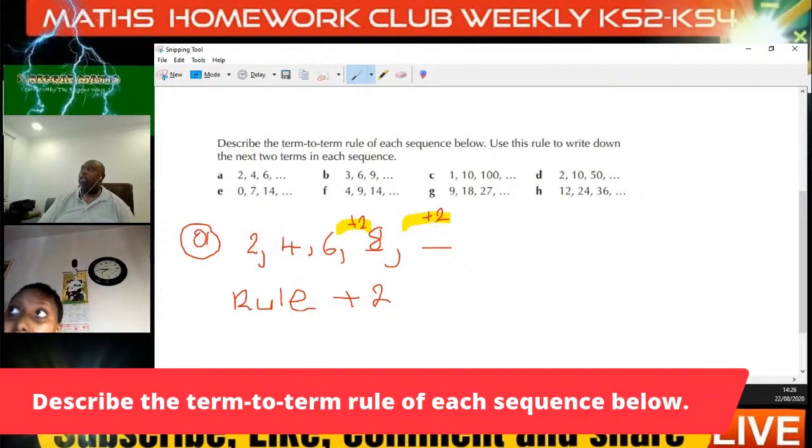Okay, and then 8 add 2 is... no, you're timesing, you're adding. Add. Let me write it properly. Plus. Add 2. 10.